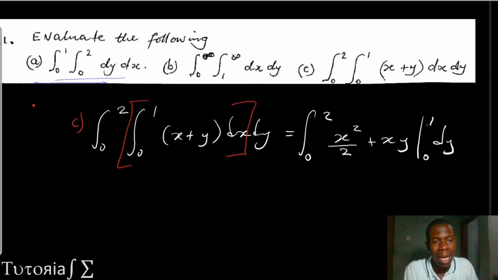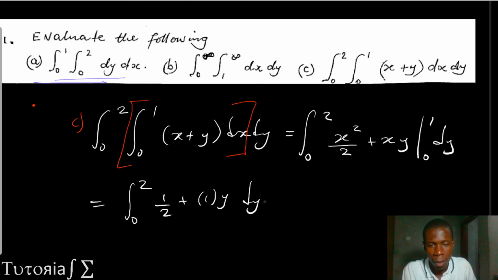So now we plug in the upper limit here. We're going to have the integral from 0 to 2. The upper limit is basically 1 over 2 plus, we're replacing where there is x, so here that is basically 1 times y, then with respect to y.